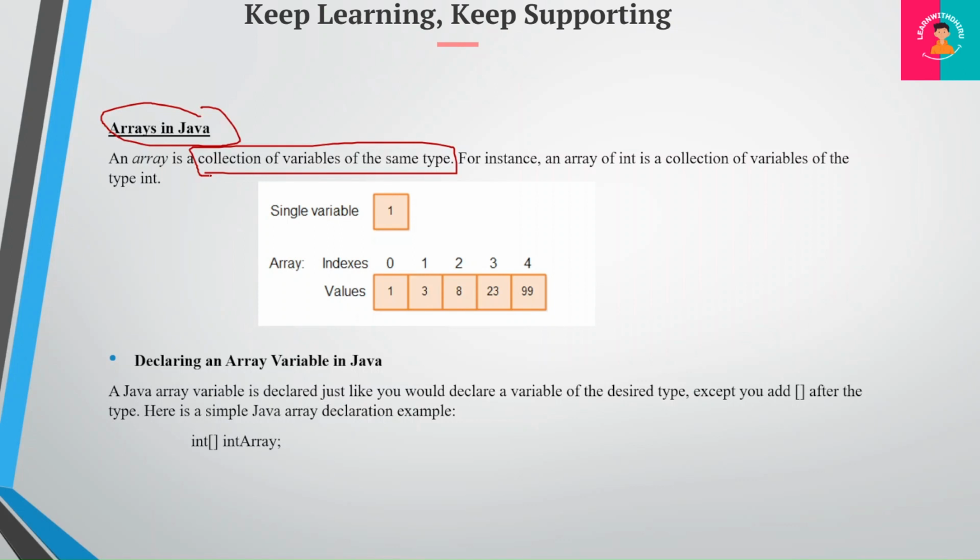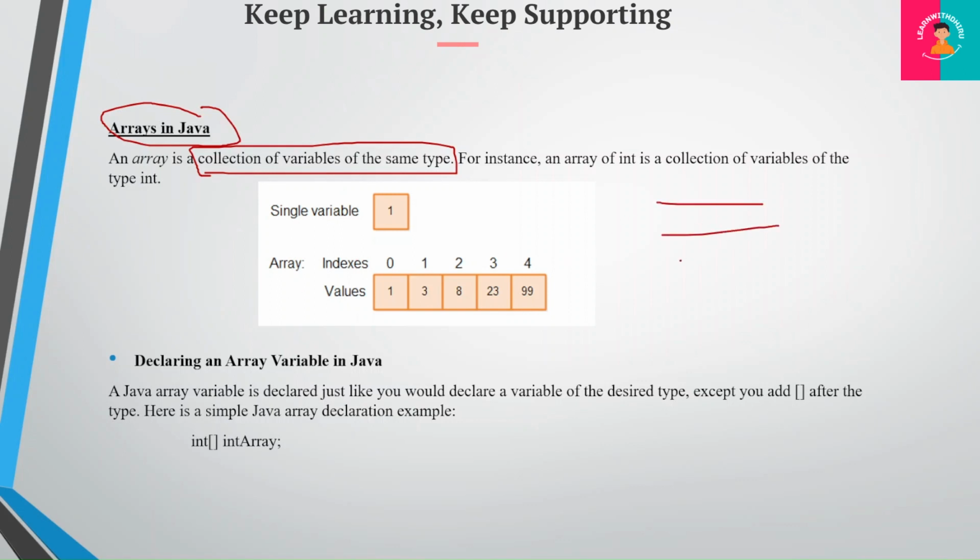If you are declaring a string variable a, you are storing Raju, you are storing Rakesh or something. For this, you have to create multiple variables that will occupy lots of space, and it is very serious.